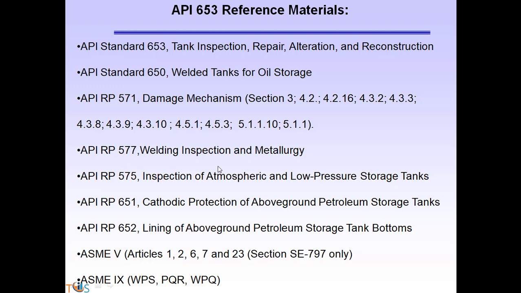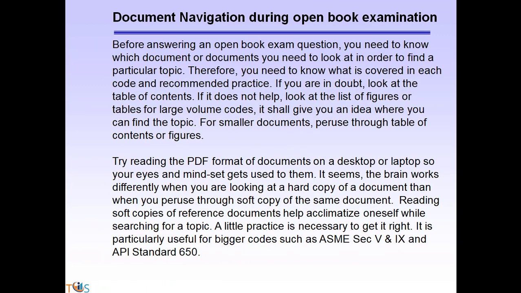Then you need to study API 577, welding inspection and metallurgy; API 575, inspection of atmospheric and low pressure storage tanks; 651 cathodic protection; 652 lining; ASME section 5, you have to study articles 1, 2, 6, 7 and 23. ASME section 9, you should know, use it for WPS, PQR or WPQ.